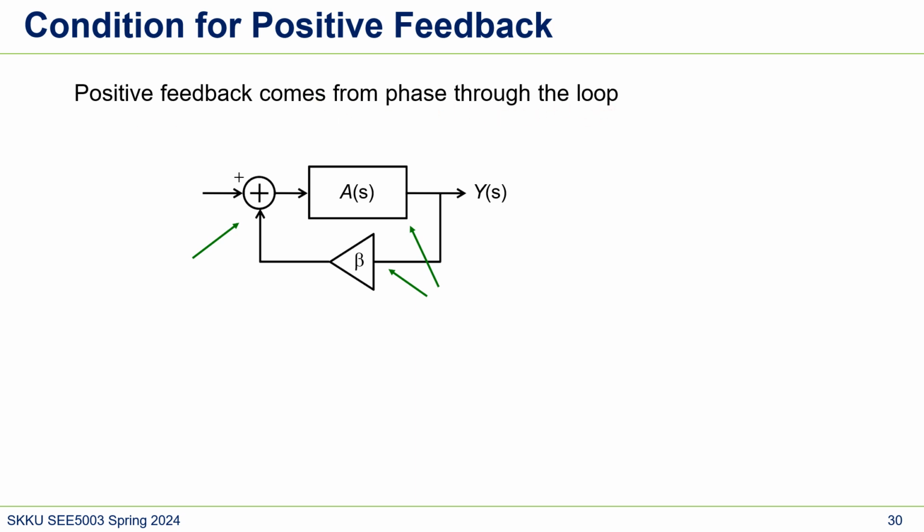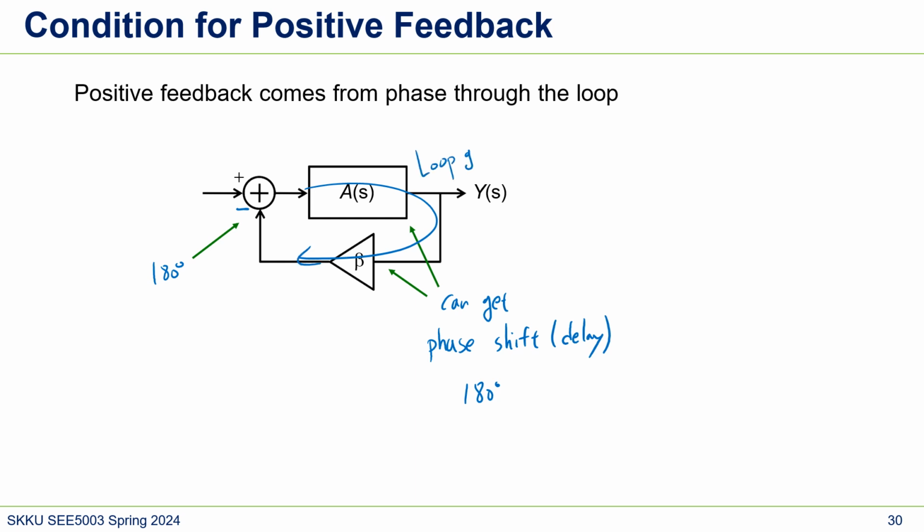So this minus sign gives 180 degrees, and then each of them can get phase shift or delay, and then this can also be 180. And then the other condition is that this loop gain should be larger than 1.